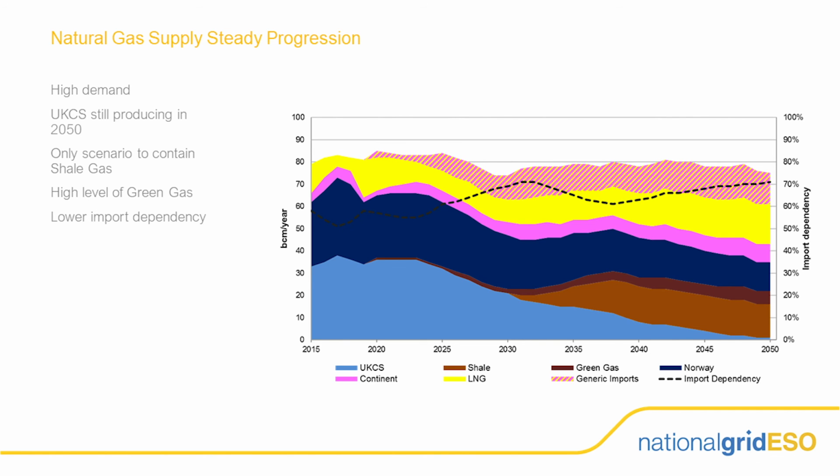This is our scenario with the highest level of green gases, which is being produced domestically. As we saw before, this is a large proportion of the bioresources used in this scenario. With the growth in shale and green gases in this scenario, we do not reach the same heights of import reliance as some of the other scenarios, with imports topping out at around 70%.